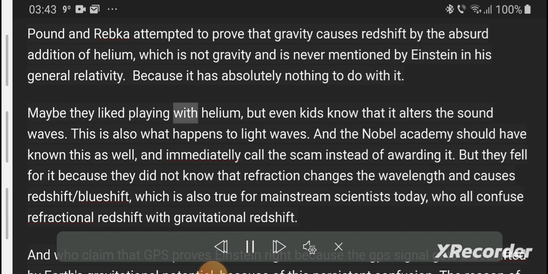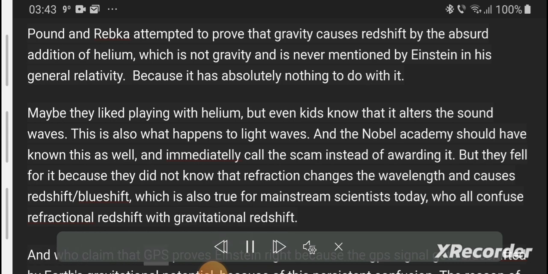Maybe they liked playing with helium, but even kids know that it alters the sound waves. This is also what happens to light waves. And the Nobel Academy should have known this as well, and immediately called the scam instead of awarding it. But they fell for it because they did not know that refraction changes the wavelength and causes redshift or blue shift, which is also true for mainstream scientists today, who all confuse refractional redshift with gravitational redshift.